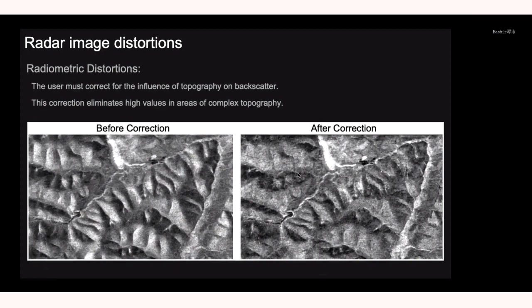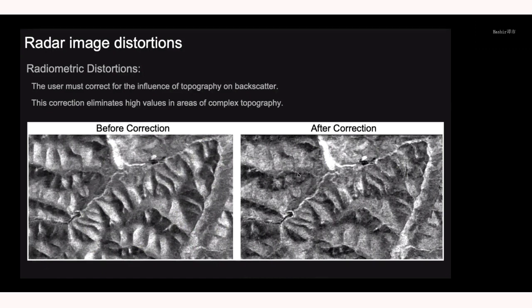Due to the side-looking observation, the geometry of SAR images is subject to these radiometric and also geometric distortions that we have just discussed. In addition to geometric mislocation of pixels in some areas, the oblique illumination of radar energy also adds topographic shading to the true surface.